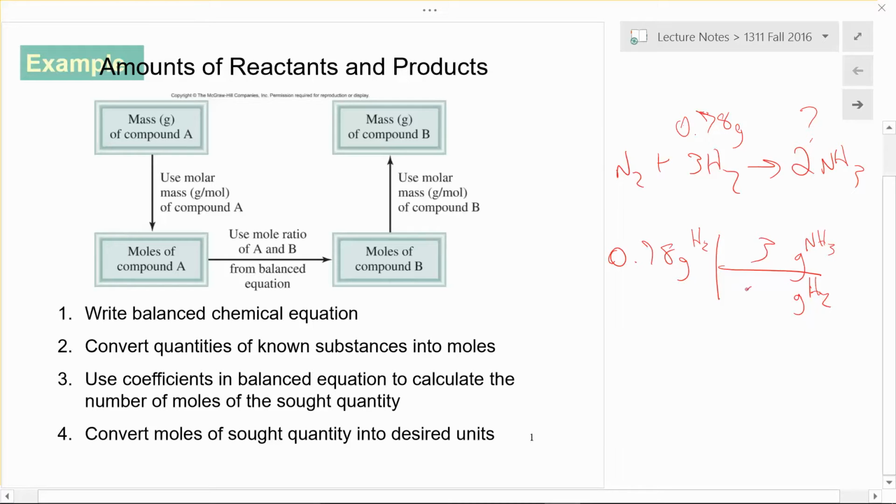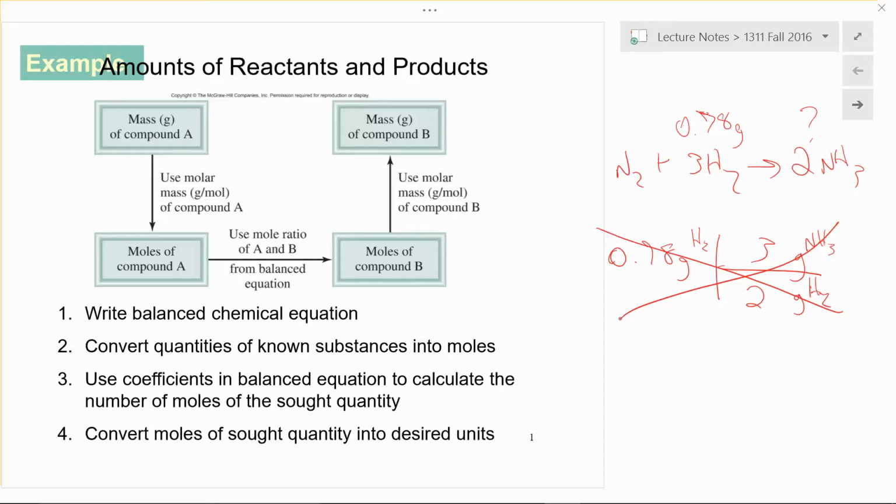This is not grams. That is wrong. I cannot do that, right? So there's no going from the grams of one thing to the grams of another thing in one conversion. You can only convert from one thing to another in what units? Moles. That is it. That is the only way you can do it.